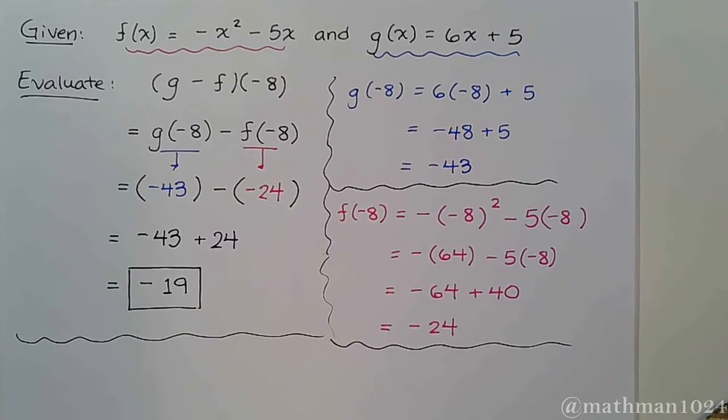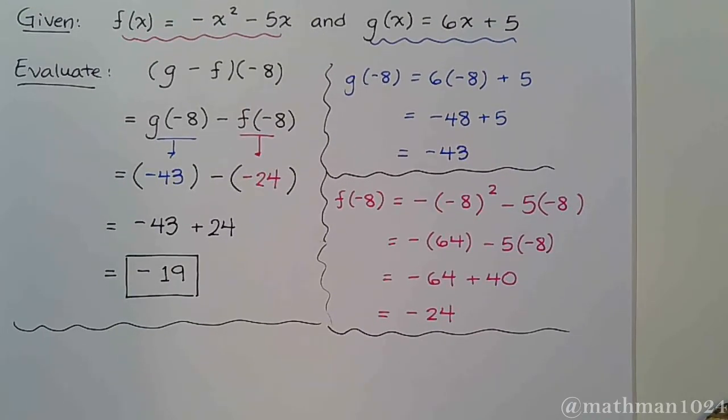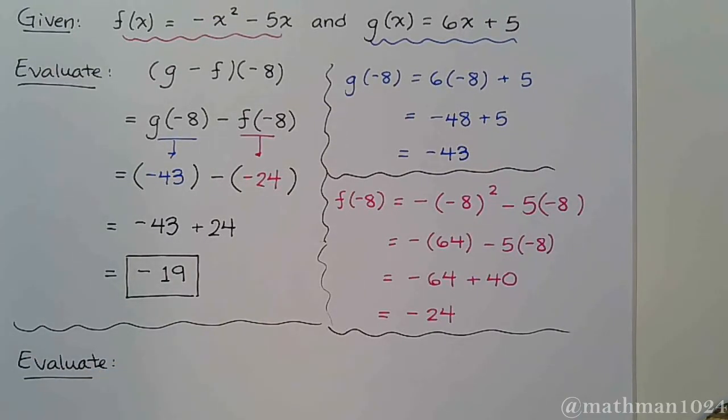So let's keep working with the same two functions, f and g at the top of the page. And let me ask you to do this. If I ask you to evaluate, what do I want to say?